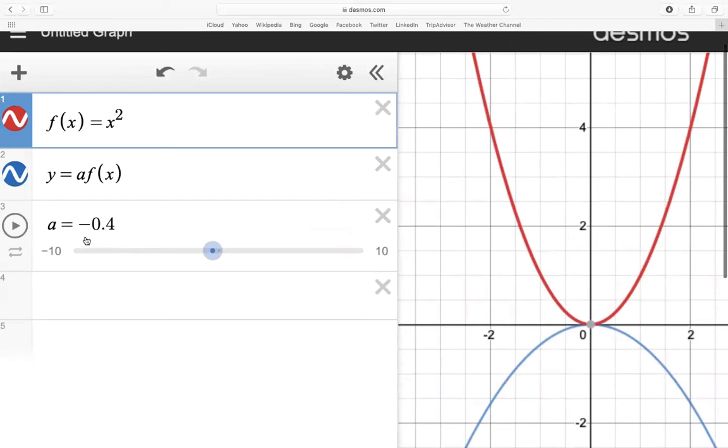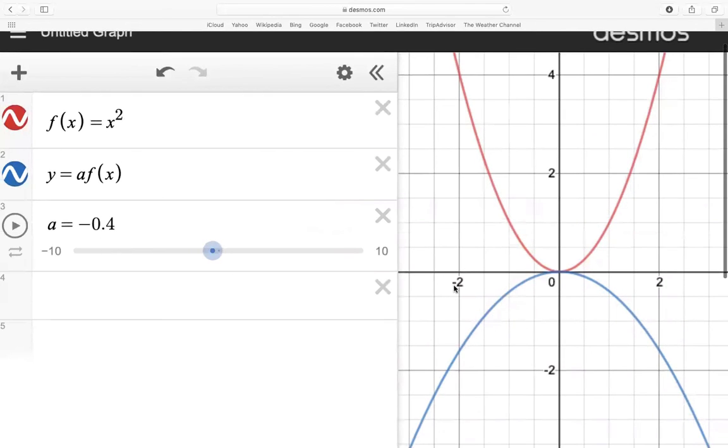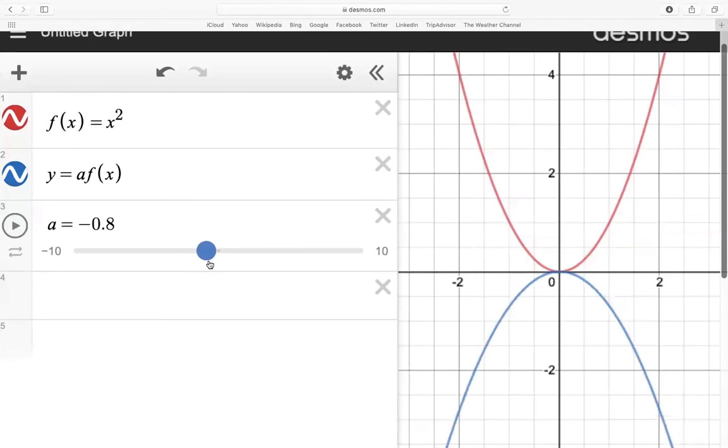When a is negative 0.4, you can also notice that the horizontal component of this parabola is expanded, which tells me that the vertical component is constricted. When a equals negative 1, this shape is identical to the original, besides being reflected in the x-axis.